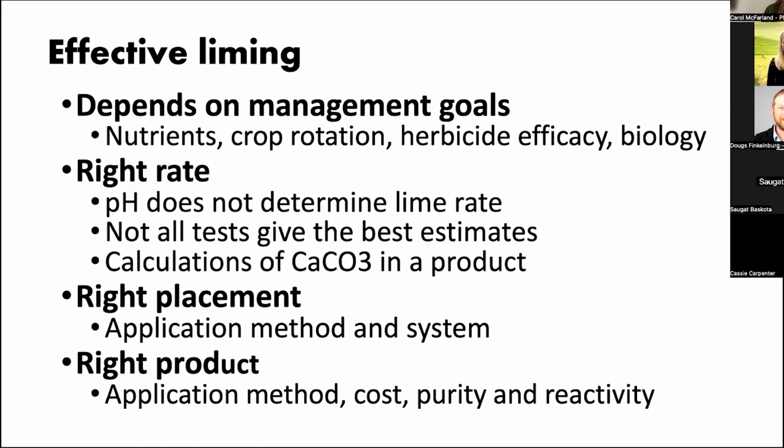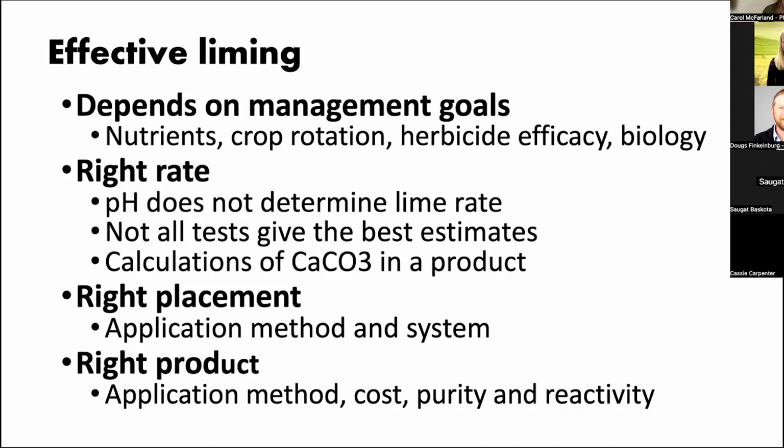So your effective lime program depends on your management goals, considering your nutrients, the crop rotation you want, your herbicide efficacy, and your soil biology. Those are all important components, with pH underlying as a master variable and with soil health in mind. You want to do it at the right rate. pH does not determine the lime rate. Not all tests give the best estimates.